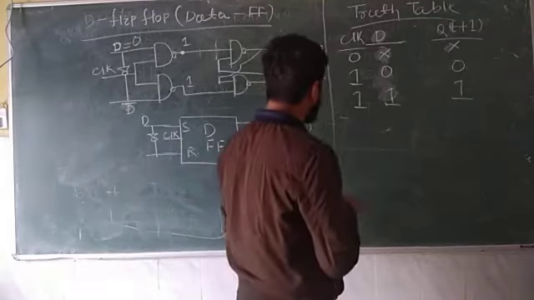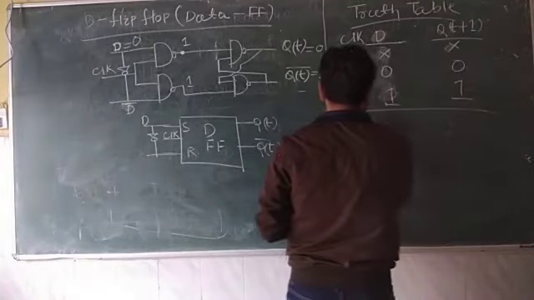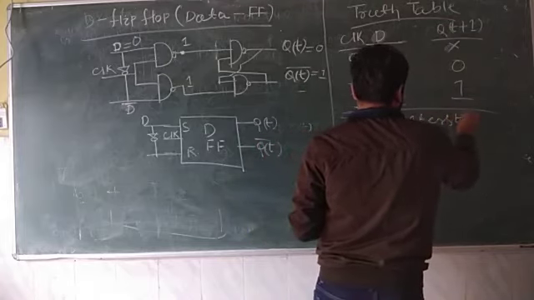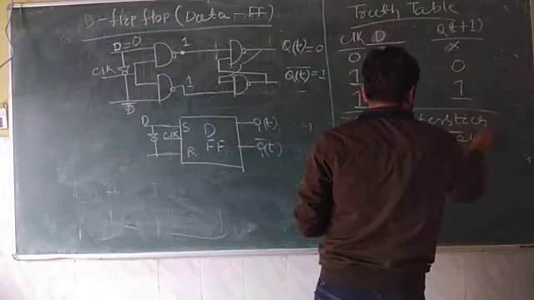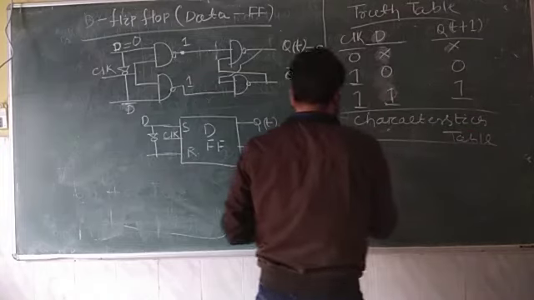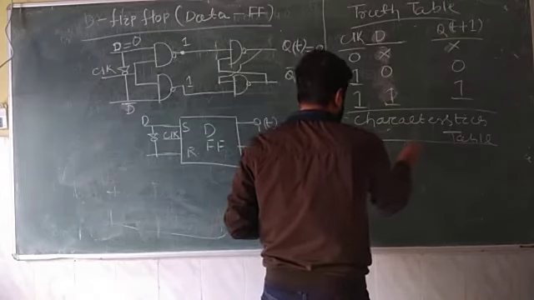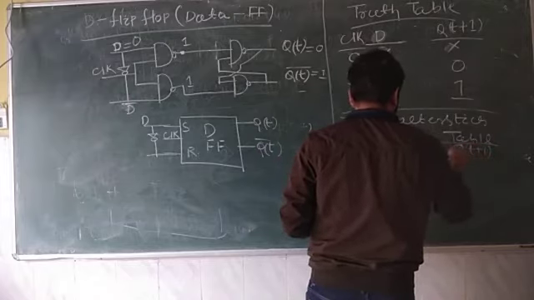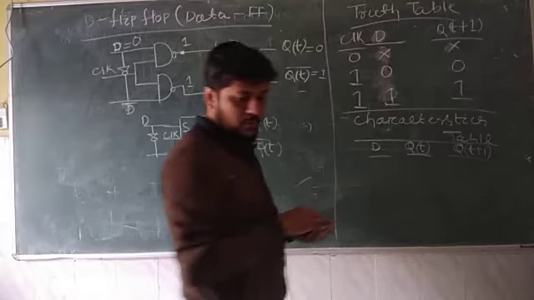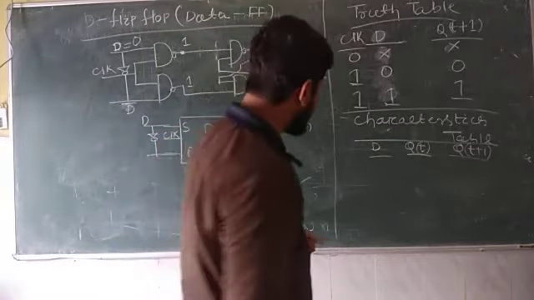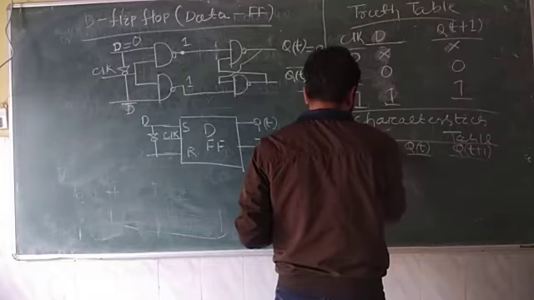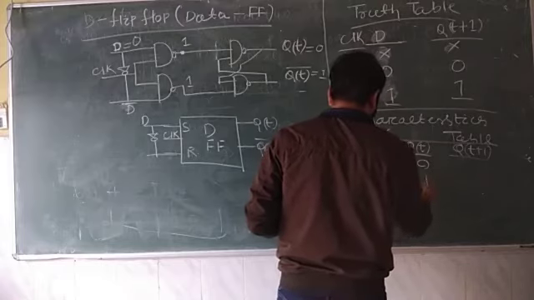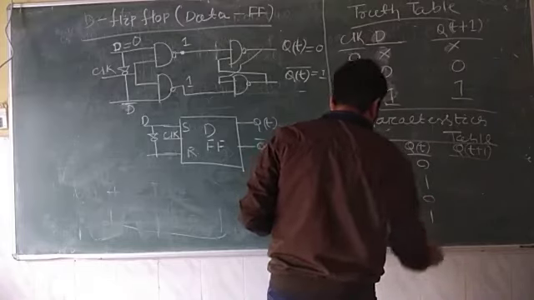Now we will draw its characteristics table. In the characteristic table we have input D, previous state QT, and next state QT plus 1. This is a very simple flip flop. D, QT: 0 0, 0 1, 1 0 and 1 1.